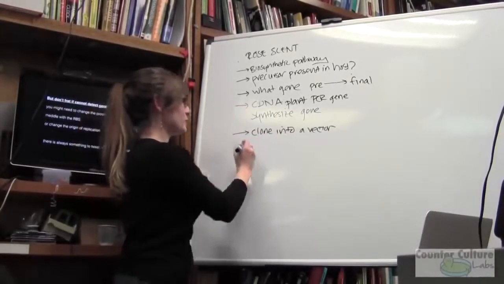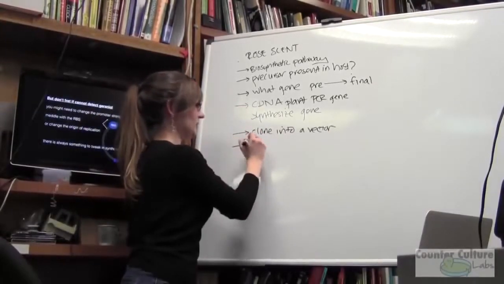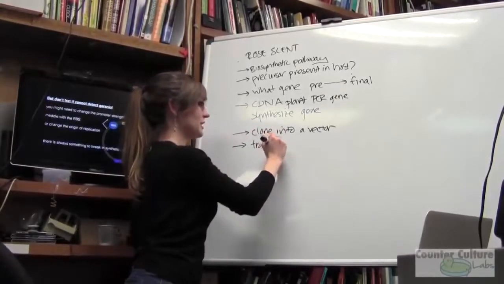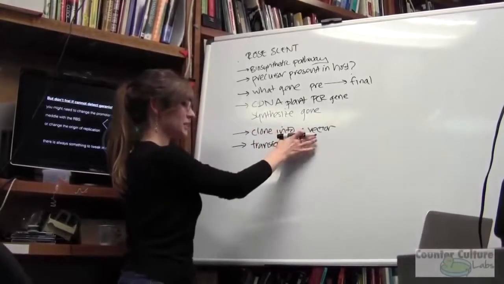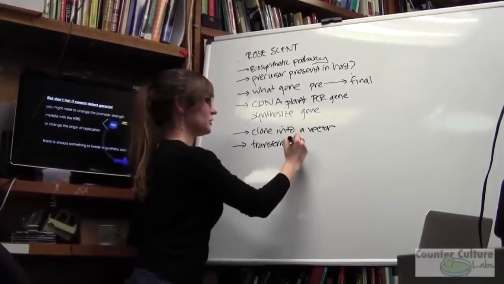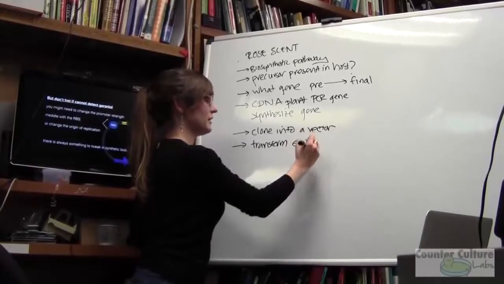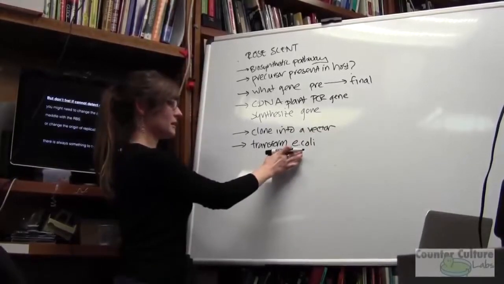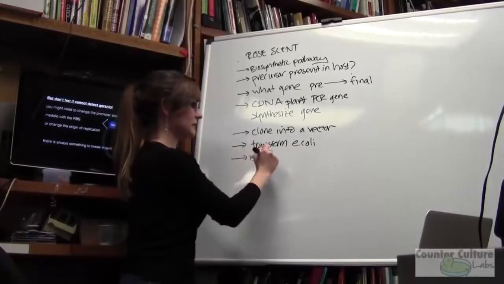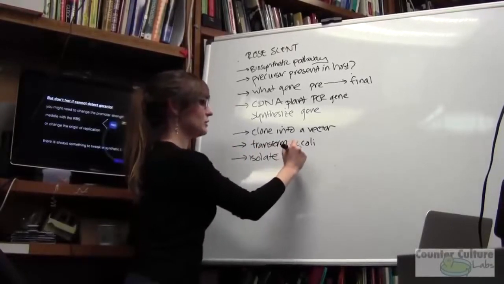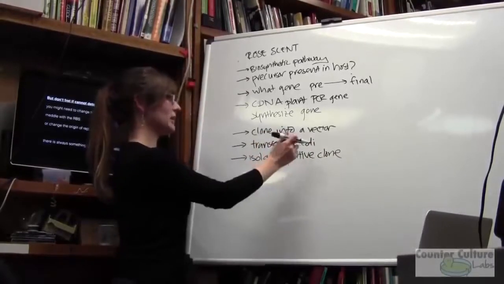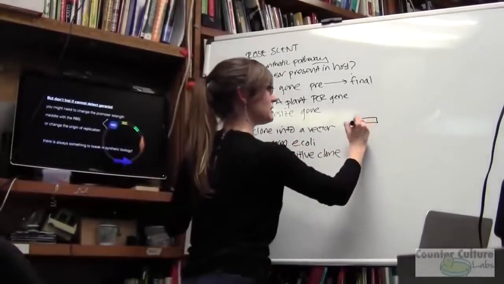So we clone it into a vector, and then we transform our vector, meaning we put our DNA, hopefully carrying our gene, into E. coli, and then we want to isolate the positive clone, meaning we want to isolate the clone that actually had the gene in the vector.